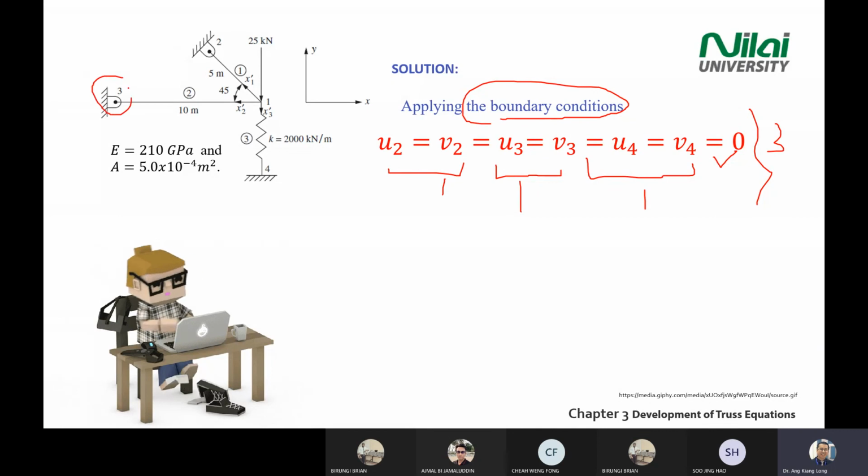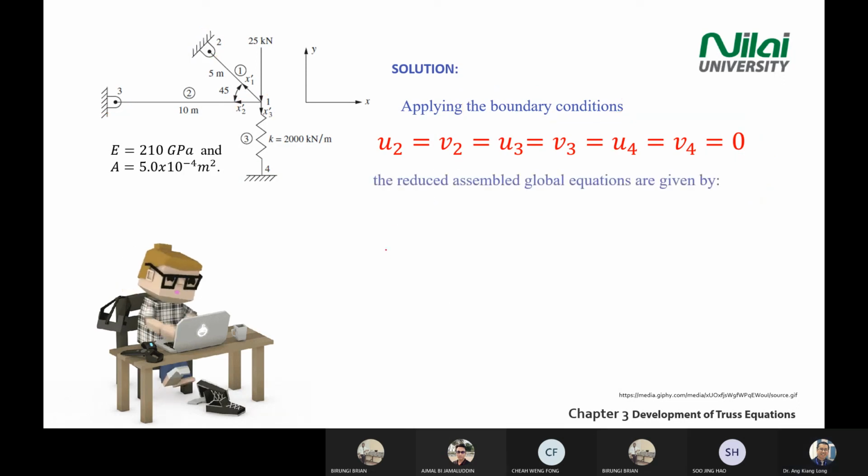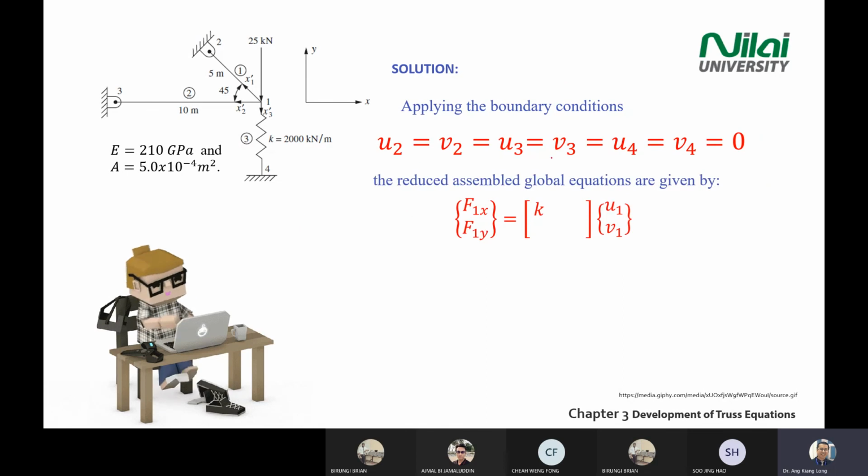You look at the point: is there any displacement happening? This one is mounted to the wall, no displacement. Mounted to the pin, no displacement. Mounted to the pin, no displacement. However, there is a displacement at point 1. After that, you look at F equal to KD.